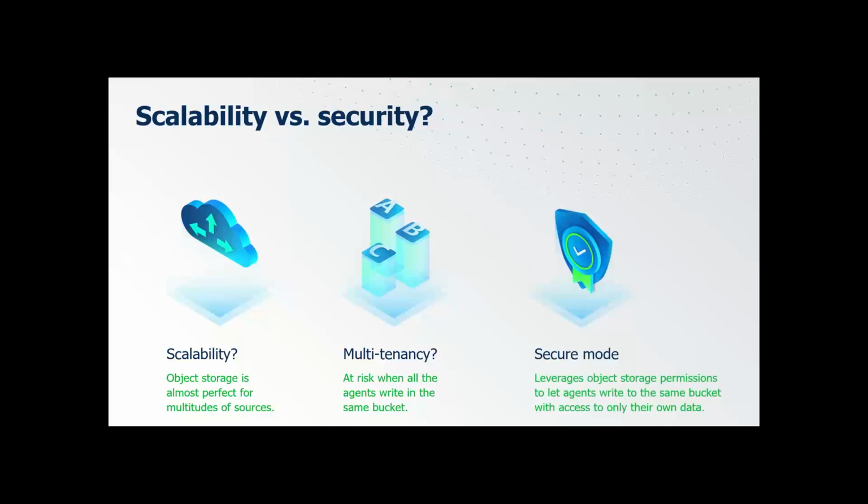So we talked about the secure mode and the object storage usage. And there is obviously a trade-off between scalability and security, because yes, scalability is a huge advantage of object storage because it's almost perfect for managing a multitude of sources. You just expose a URL, you give it to every agent, and every agent sends data to the URL.